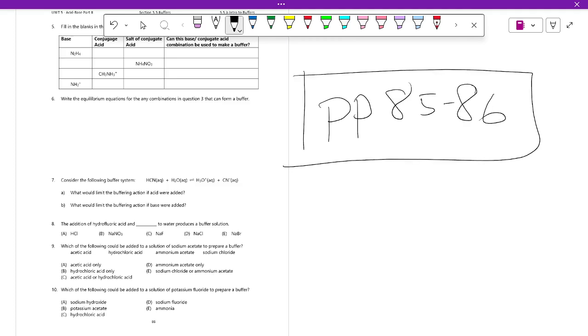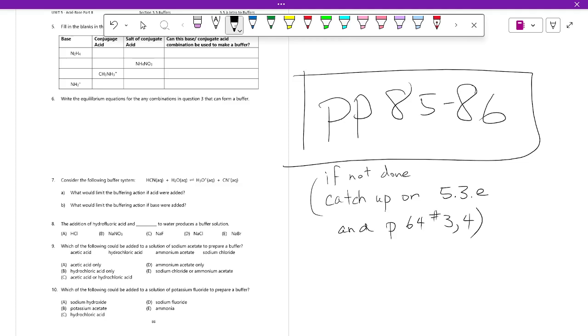And if not done, catch up on 5.3E and page 64, number 3 and 4.